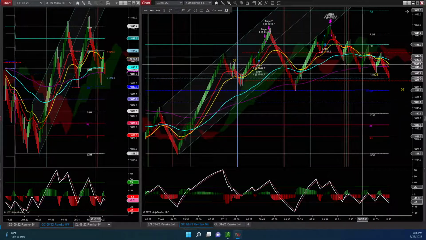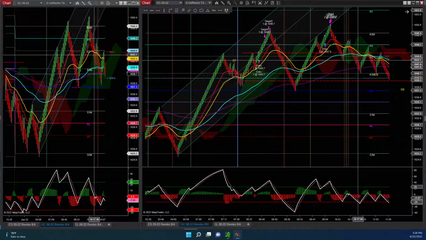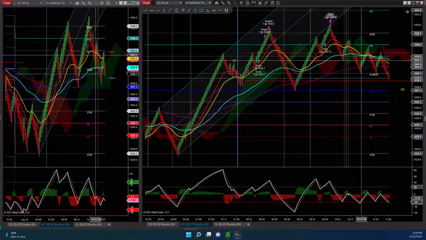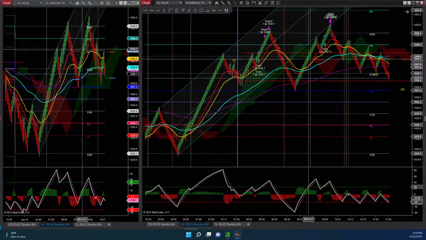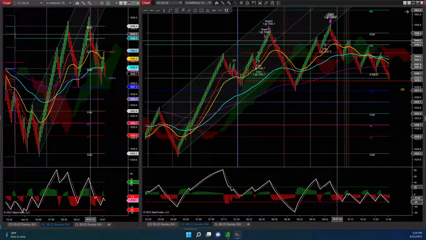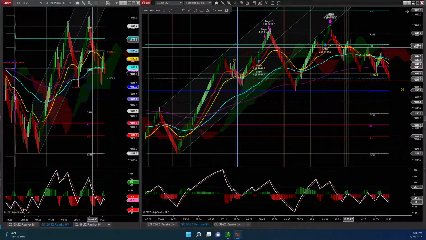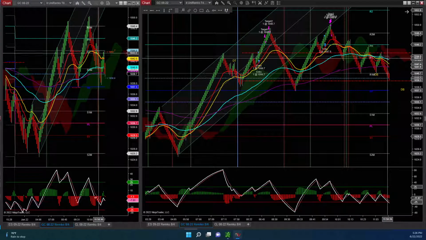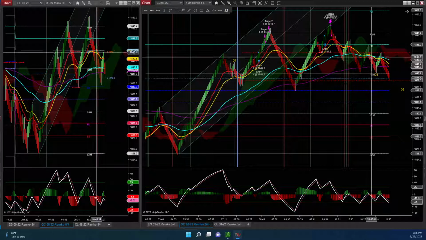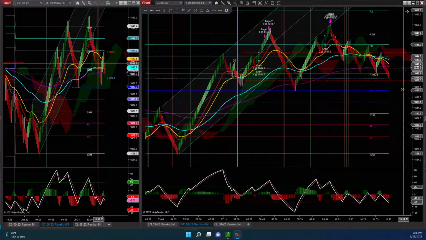There was some consolidation here. You can argue that you could take this one here, but the moving averages are consolidating here. They are not expanding.